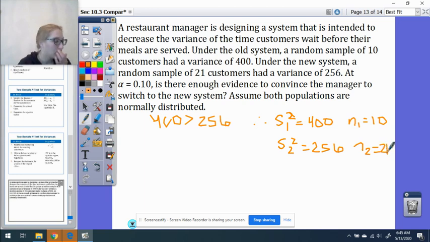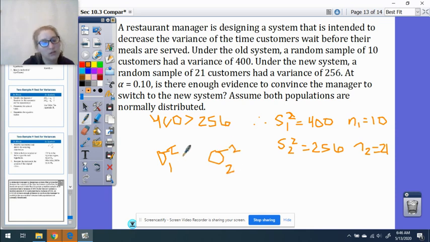Okay. So we're trying to determine if the new system is faster. In relation to how I have the population variance for number 1, which is the old system, and number 2, which is the new system, we're trying to see if the new system is faster.